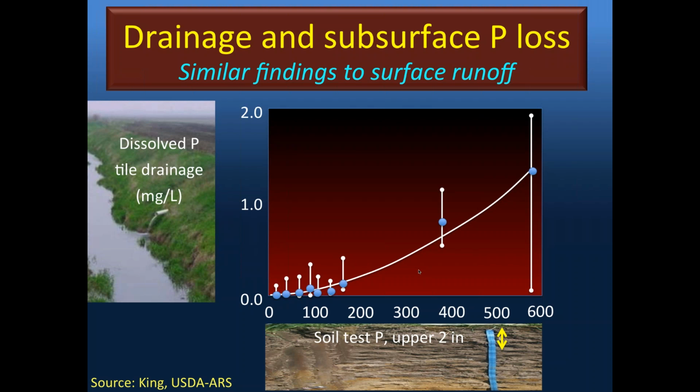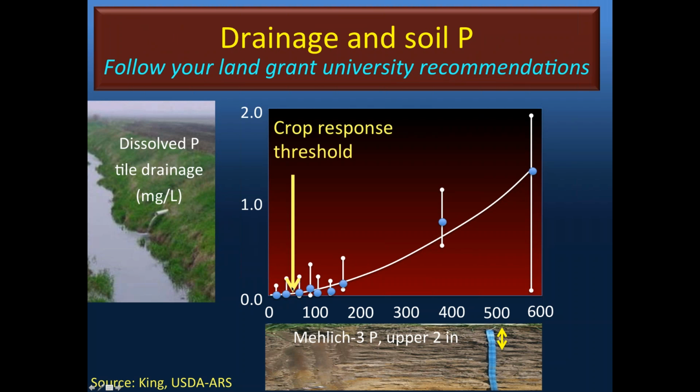And if you start to think about it in terms of the tri-state recommendations, you need about 50 parts per million, or milligrams per kilogram, Mehlich-3 phosphorus to grow a crop. So where you're seeing very high concentrations tend to be at higher soil test phosphorus levels, and that came out in Mark's talk as well.